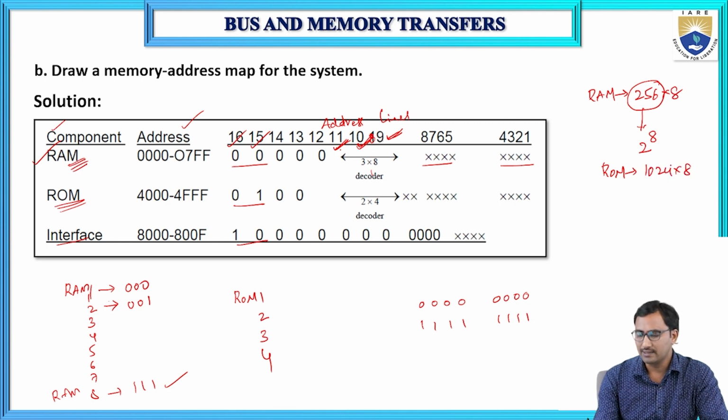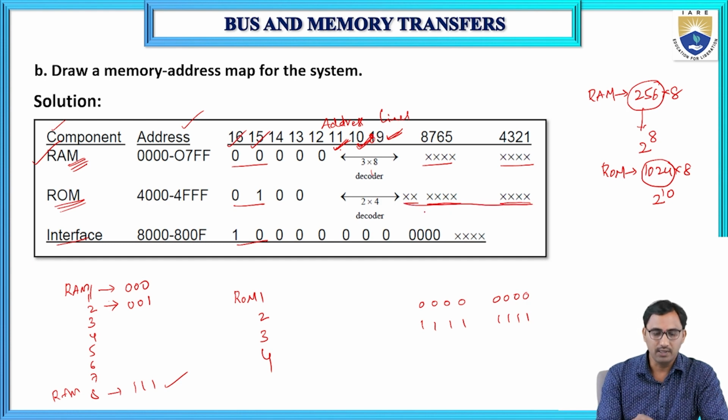So in order to access 1024, we require 10 address lines. So 1 to 4, 5 to 8, 9, 10. These are the address lines required for the ROM.